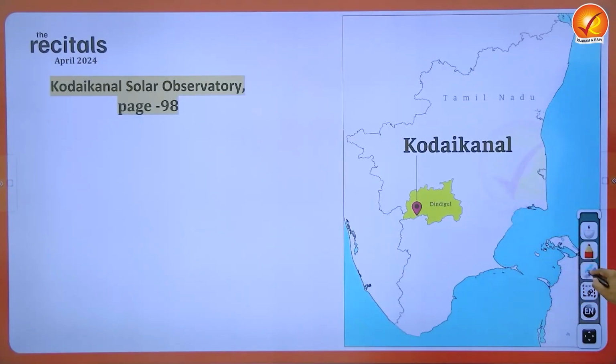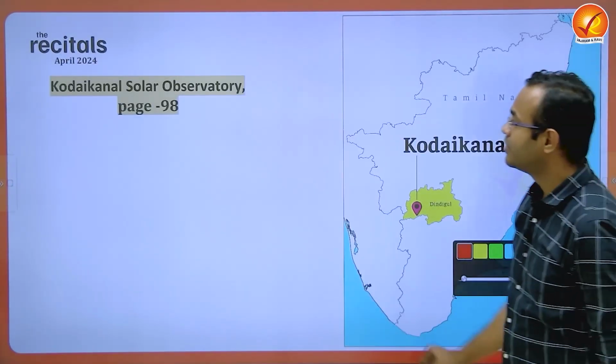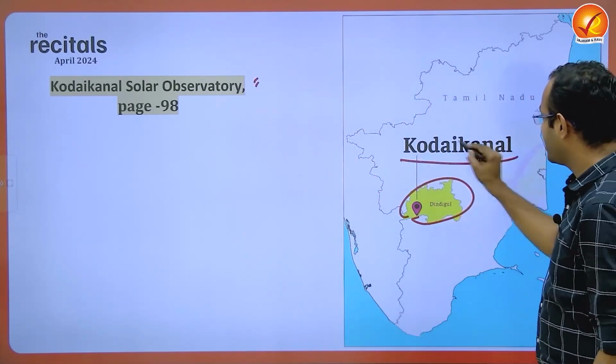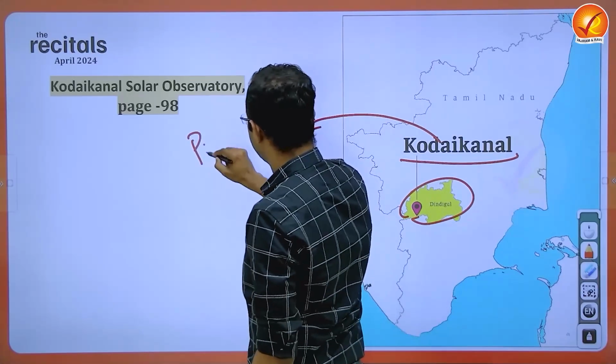Moving further. Kodaikanal Solar Observatory, page 98. That we do have Kodaikanal. Kodaikanal is considered to be the princess of hills.